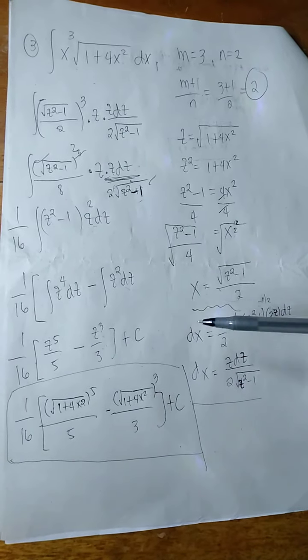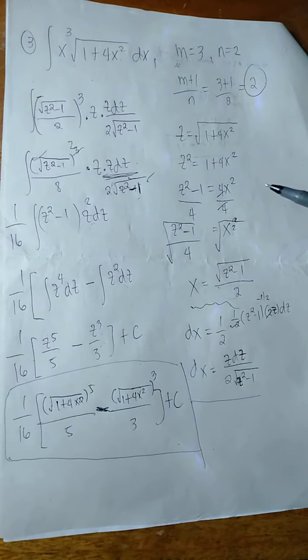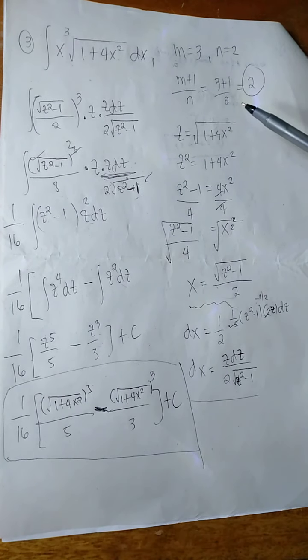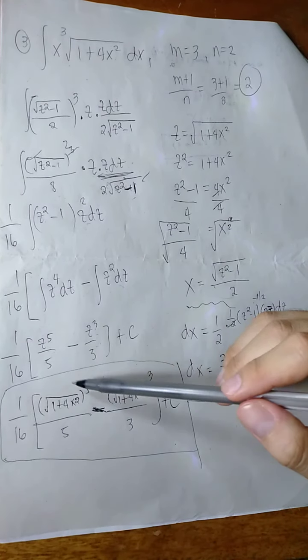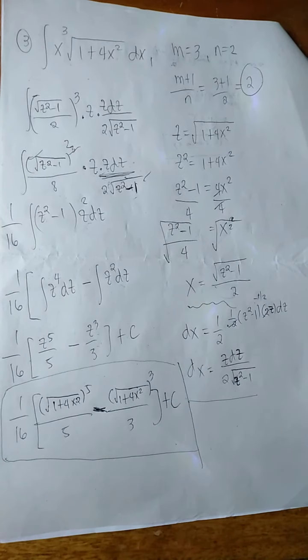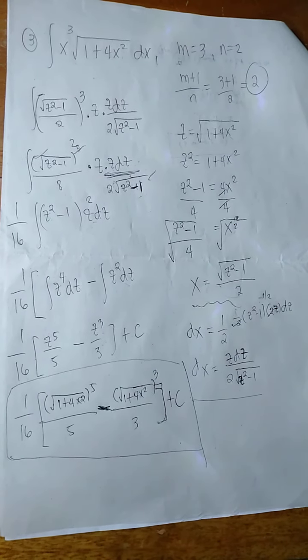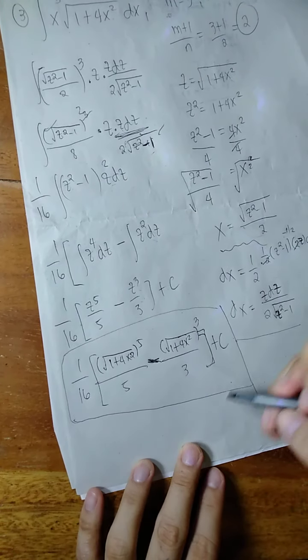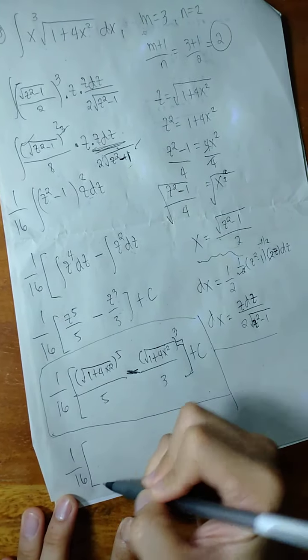Then, to end our answer, so minus guys, minus yan. To end our answer, so we substitute back yung z natin, which is square root of 1 plus 4x squared. So, yan. Ilagay ulit natin sa loob. Then, this concludes our final answer. Yan. So, ayusin natin. Sulat natin ng maayos. Pangit eh. I-rate natin. So, yan. Maganda.